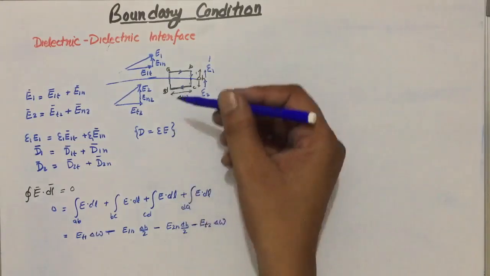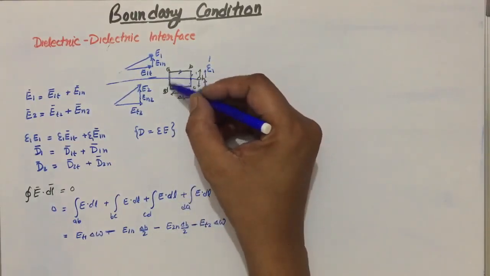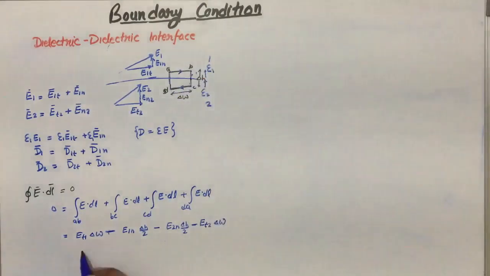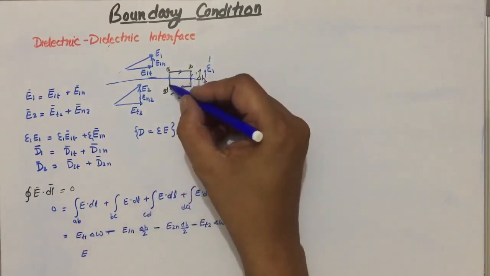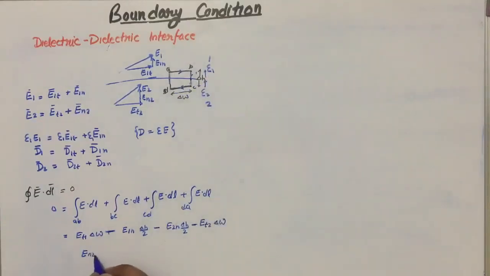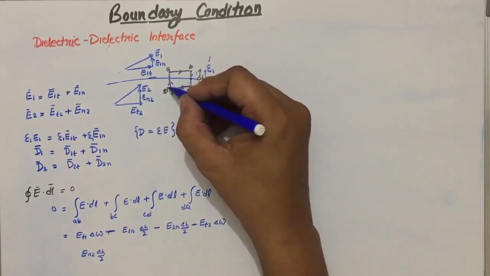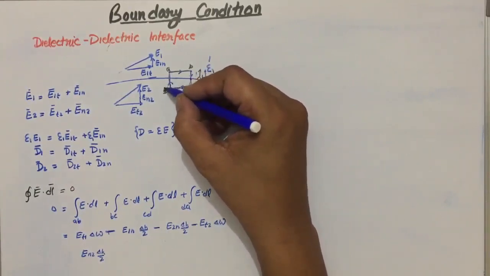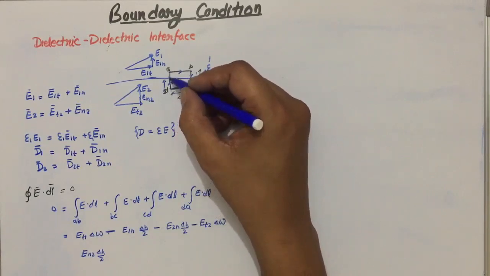Okay, now you are here, you have to move in this direction. In that case, you can write E into del H by 2. See, now you are moving here. This is E direction, and this is dl direction. So both are in the same direction.